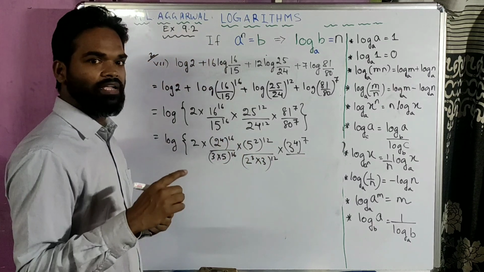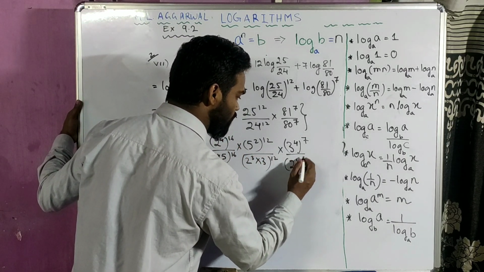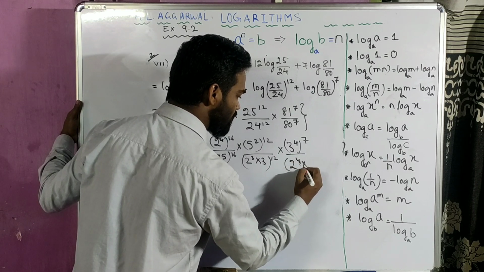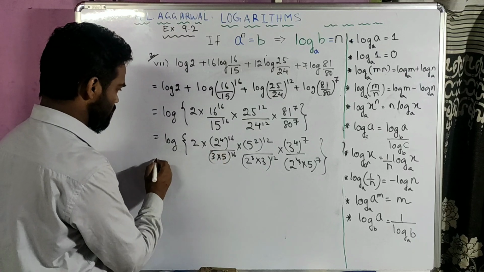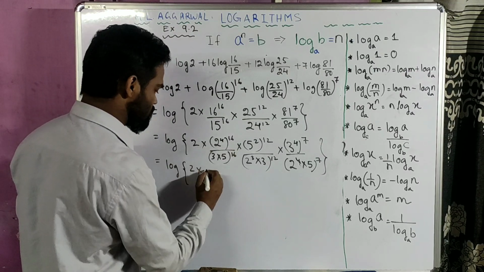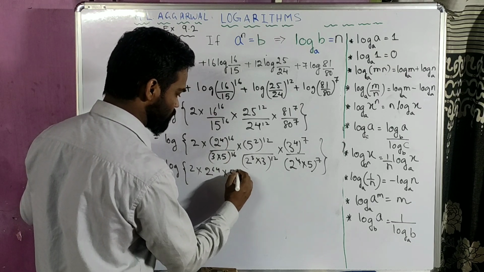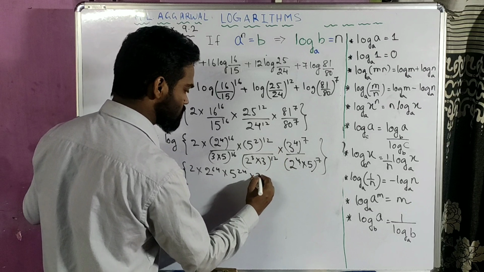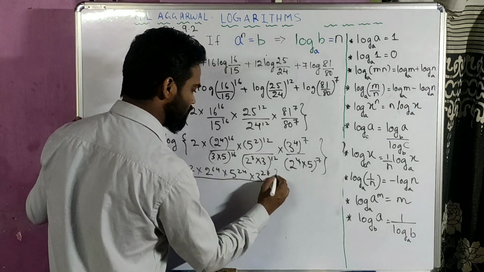And 80 I can write 16 into 5, which means 2 to the power 4 multiplied by 5. Am I correct? I'll open the bracket. So this is 2 to the power 64. This is 5 to the power 24. This is 3 to the power 28. And in the denominator, what we have?